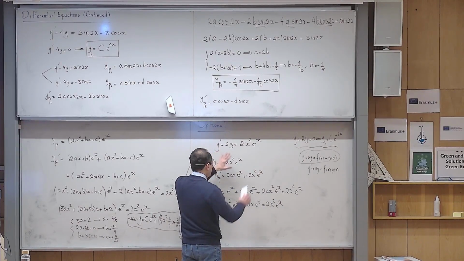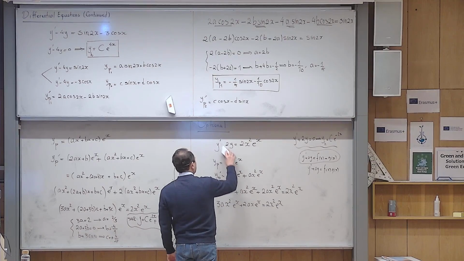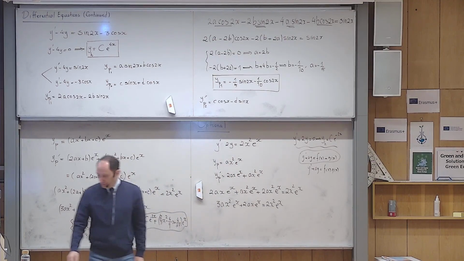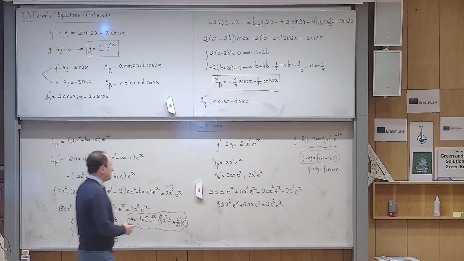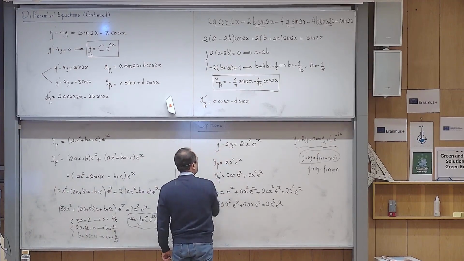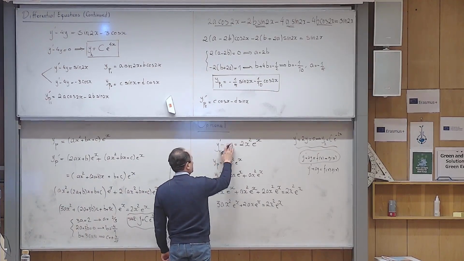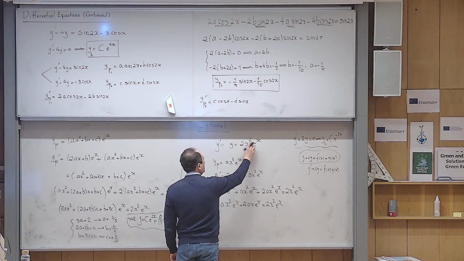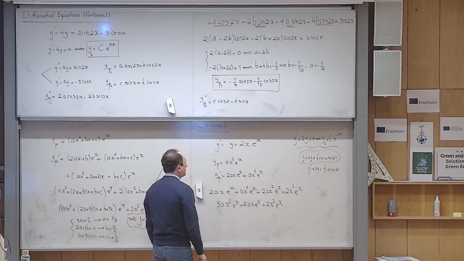I want to make it less demanding from a computational point of view. Let me take this one, because my point is to teach you something else. So if I write this minus, and let us take this factor of 2, and for simplicity, let me make it this, and then I ask you to solve this one. Let me see if everything is exactly as I want it to be.